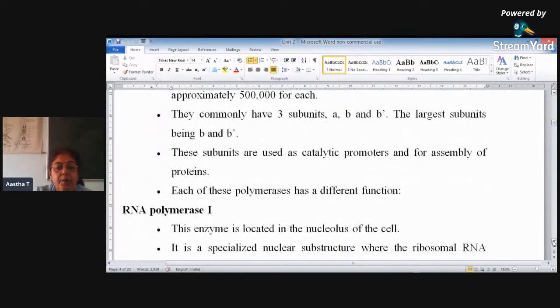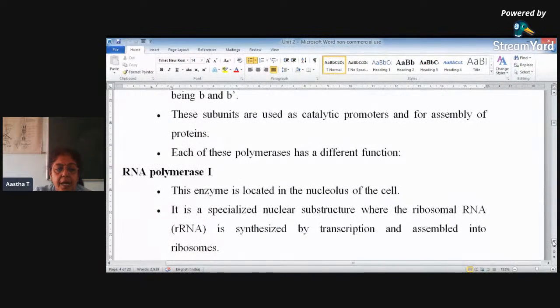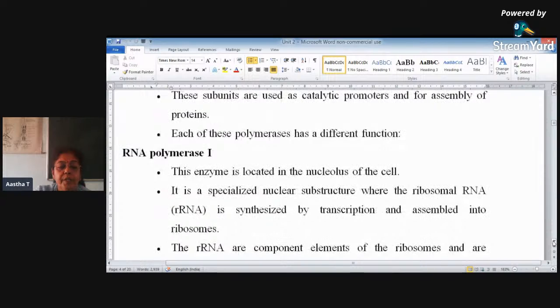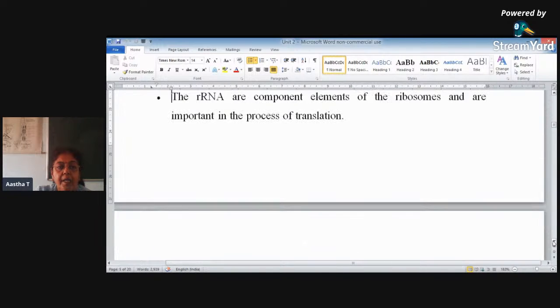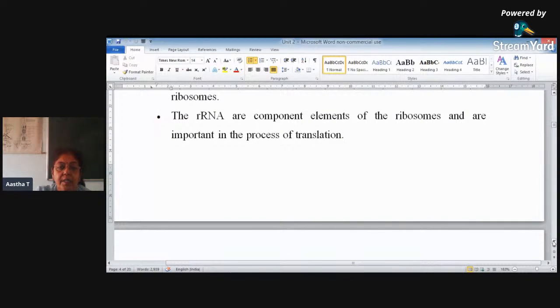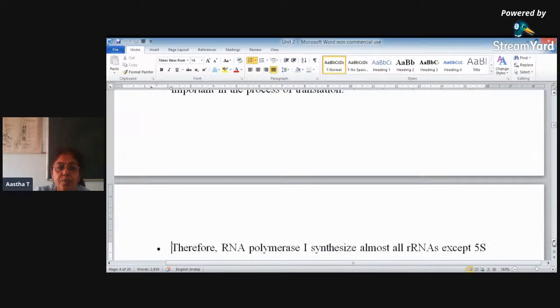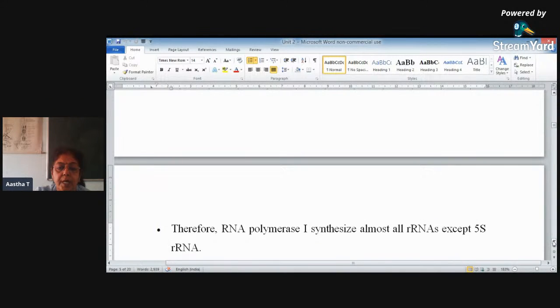Each of the RNA polymerases has a different function. RNA polymerase 1 is located in the nucleolus of the cell. So here ribosomal RNA will be synthesized by the process of transcription. It will be assembled to form the subunit of the ribosomes. rRNA are involved in the formation of ribosomes, and you very well know that ribosomes are the sites of protein synthesis.